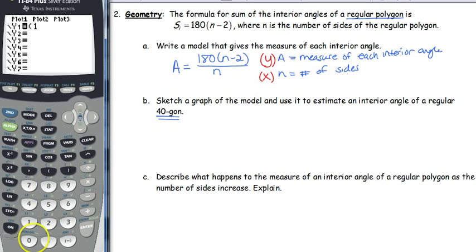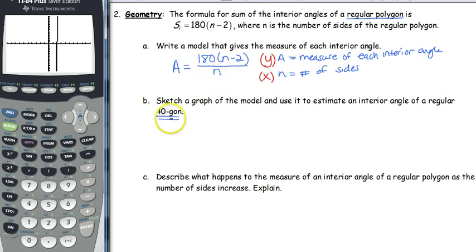If we don't have that whole thing in parentheses, we will have a mistake. Our graph will not be correct. Divided by x. And we start back with our standard window, zoom 6. And we know that's not going to help us very much. We have an interior angle measure of 180. We are looking for a regular 40-gon.